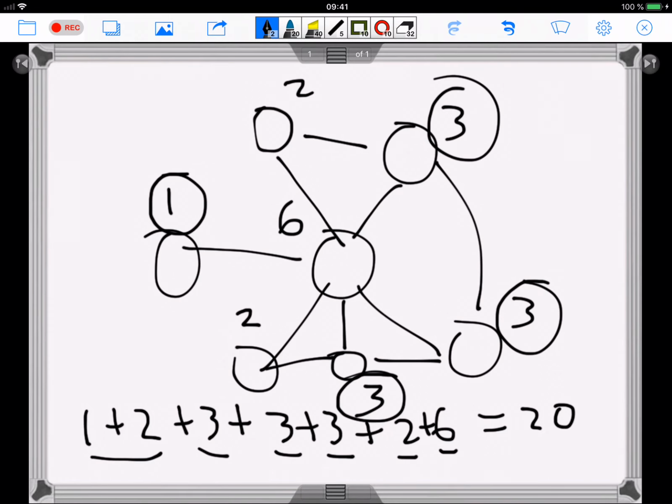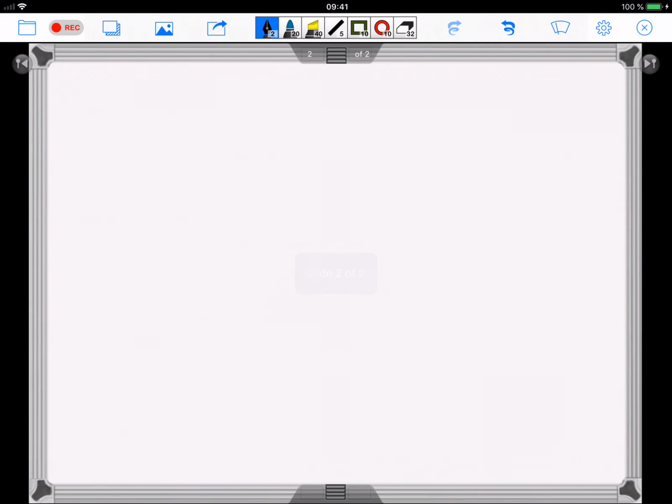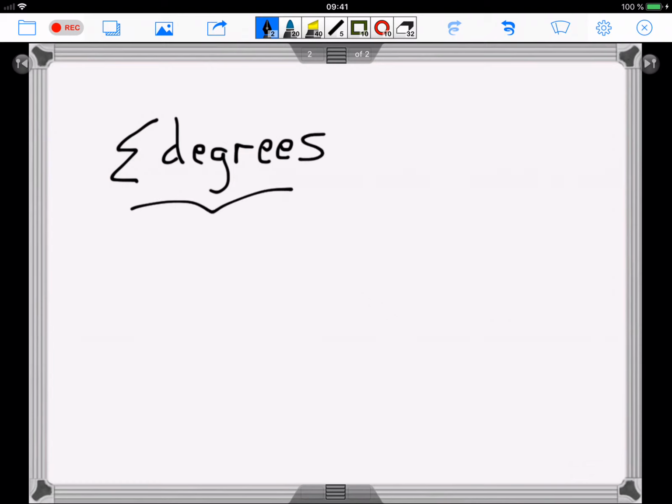How did we know that the number of vertices with odd degree was going to be even? Okay, so the idea is again the same. If we sum all the degrees, we know that this is an even number.